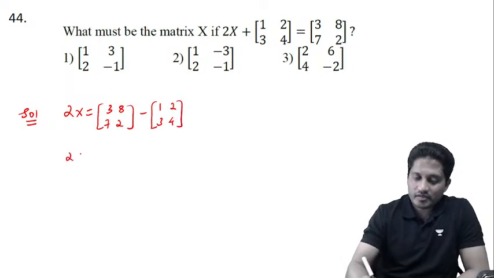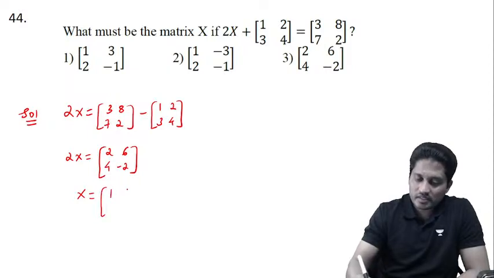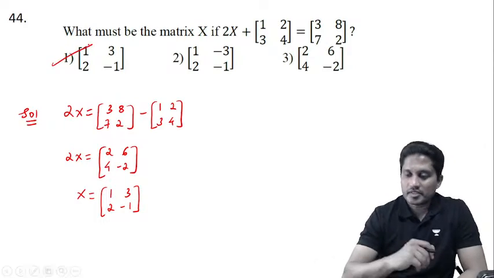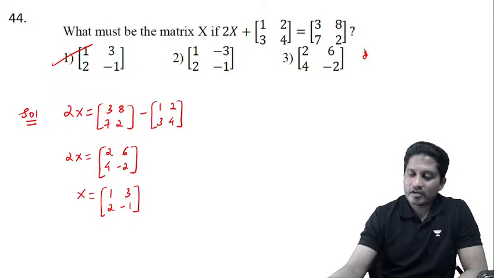Now if I subtract, you get 2X is equal to matrix 2, 6 and 4, minus 2. If you divide by 2, X is equal to 1, 3, 2, minus 1. Answer is option A only. The D option is missing. You can take any option here. You take 2 minus 6, 4, 2 if you want.